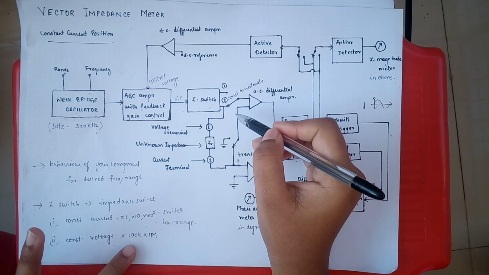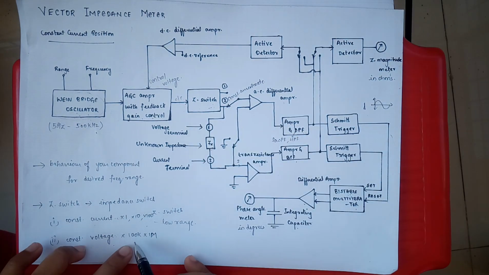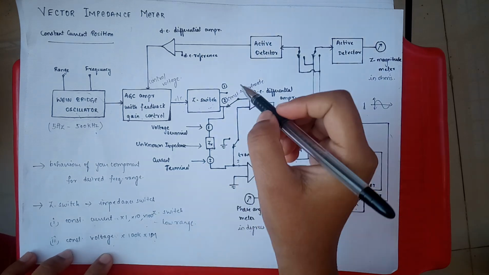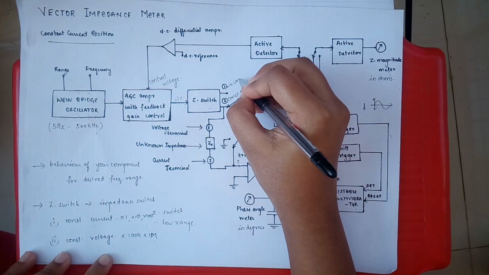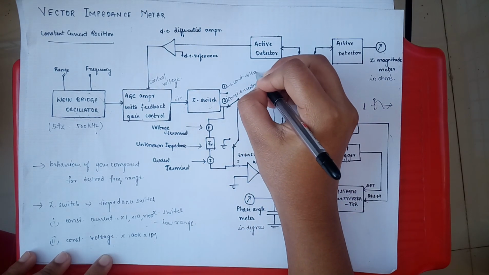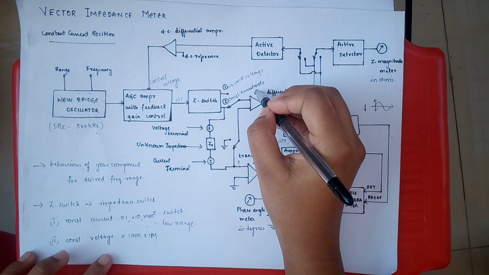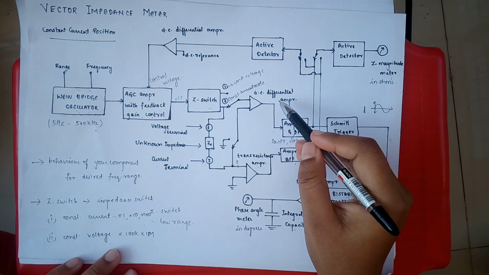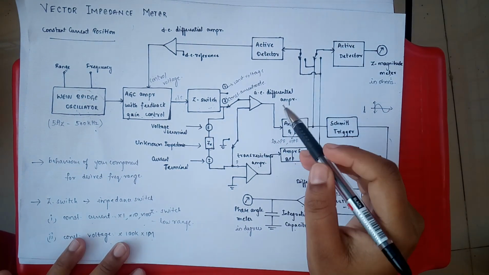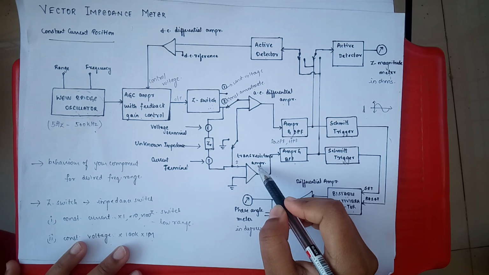And if the output voltage is in a range like this, 100 kilo or 1 mega, then it works in the constant voltage mode. This is the constant current mode. You also see that we have a differential amplifier here, a trans resistance amplifier here.